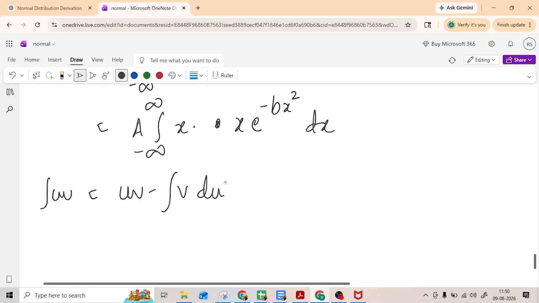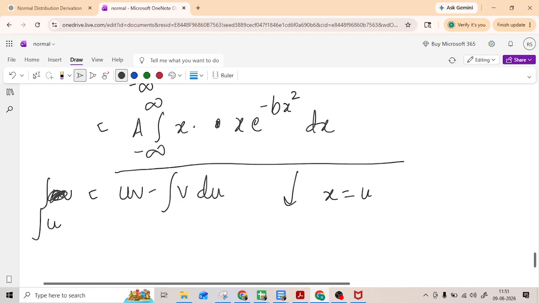So in this specific formula, let's say x equal to u, and this is u dv, and then we are saying that dv equal to x e raised to the power minus bx square dx.